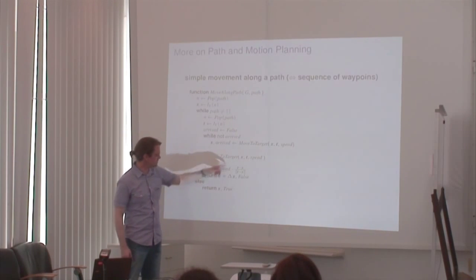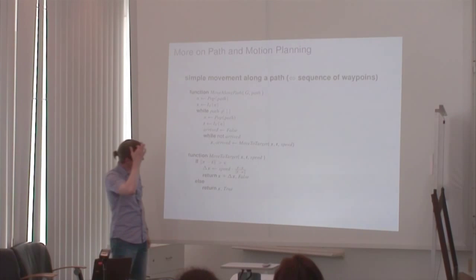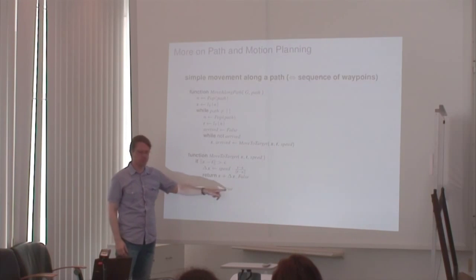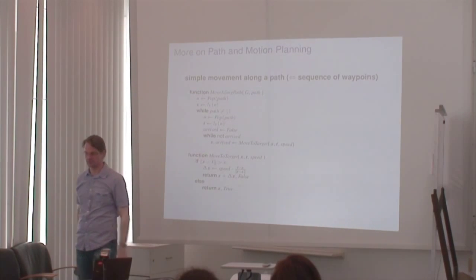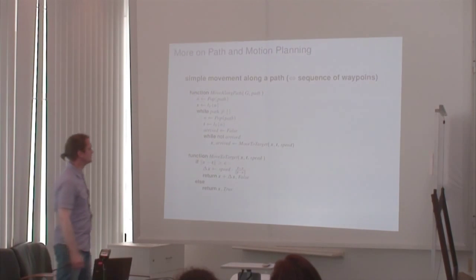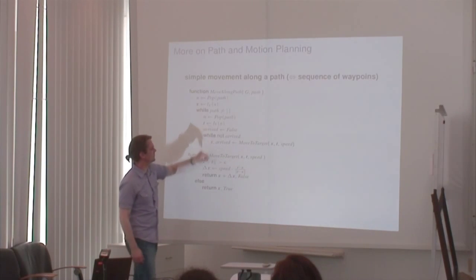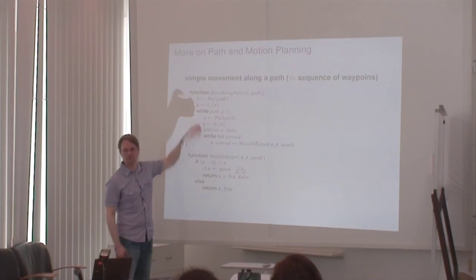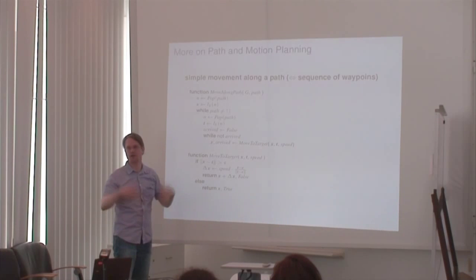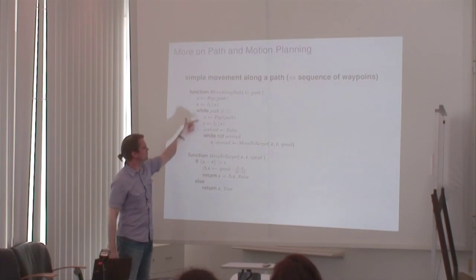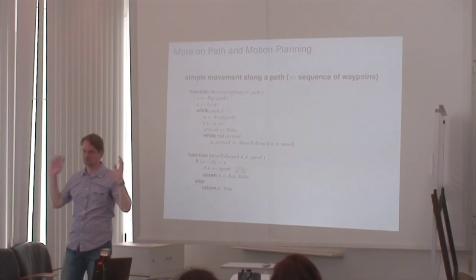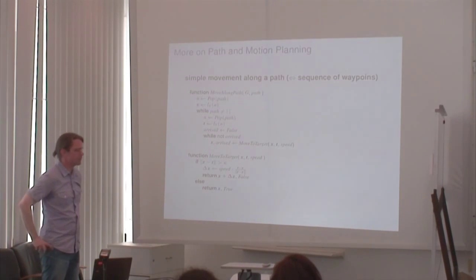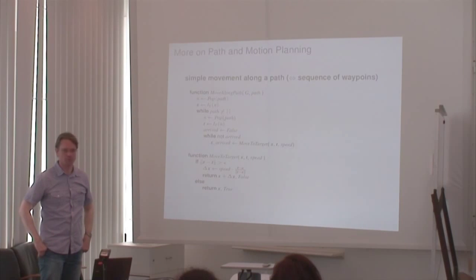And once this epsilon is not exceeded anymore, it will actually return true. So here we could determine if we have arrived at the current local target. If this has terminated, we pop the next node out of our path we have planned using A star and move from where we are right now to the next node. So this is how non-player characters move through a modern game world.